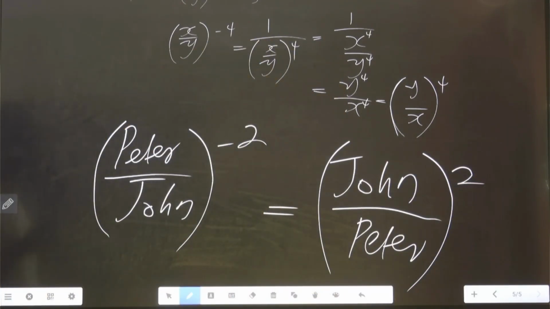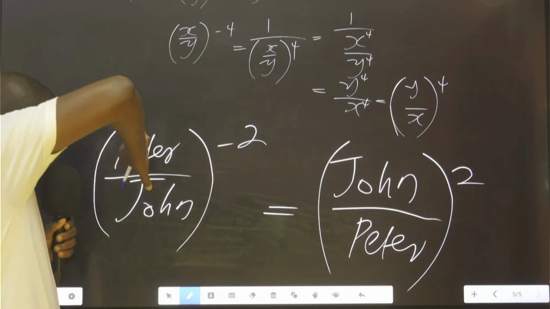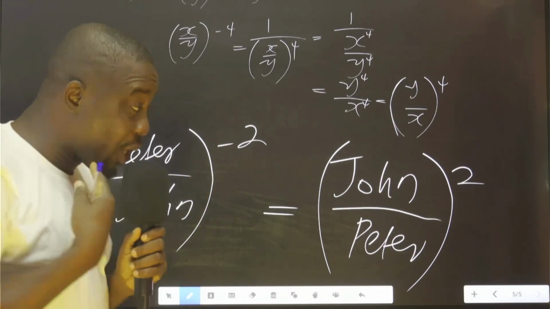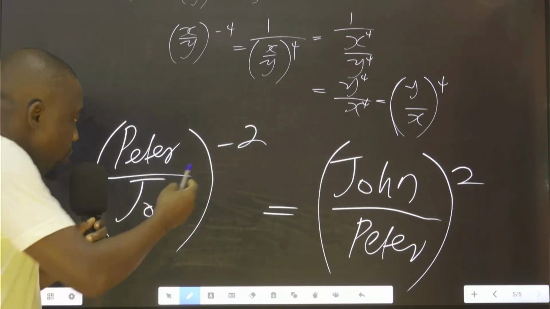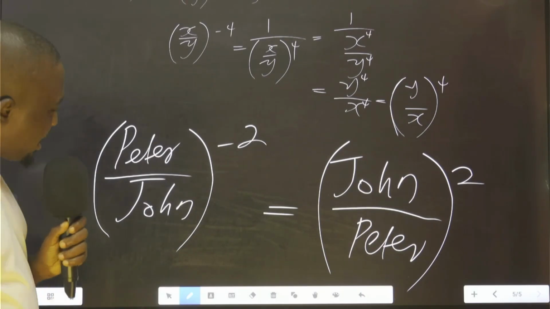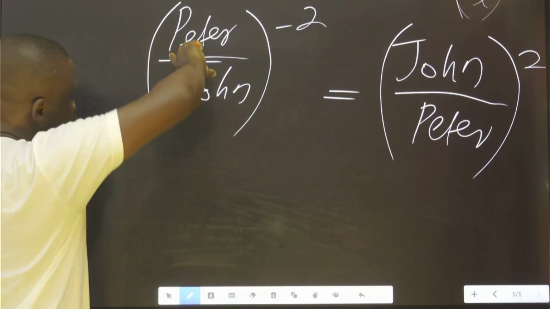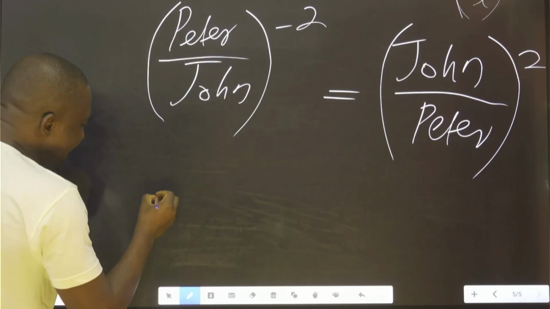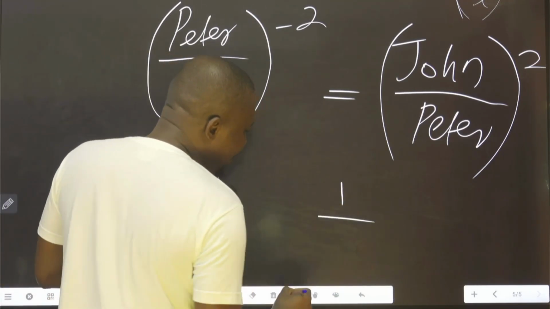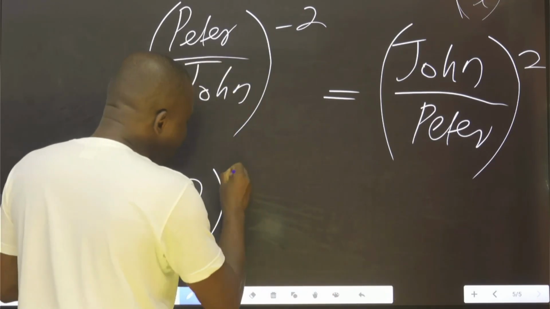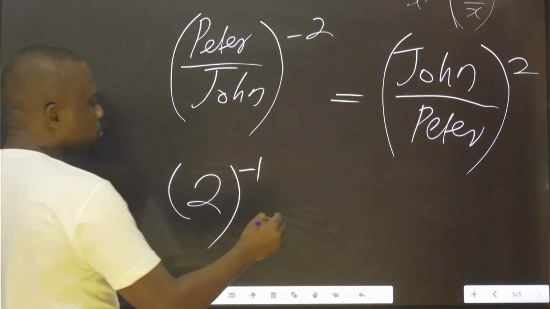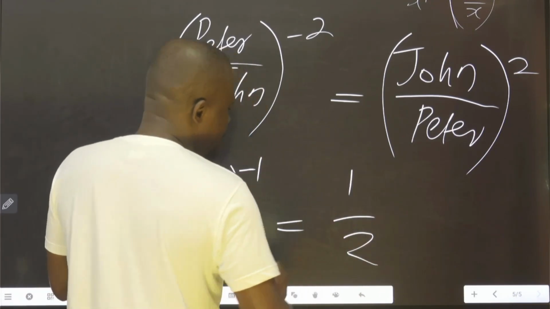What am I doing? This minus is helping me to reverse this. So another way you can look at this is, this minus means you can reverse whatever is here. That is, you turn it. And remember, to reverse 2, for instance, simply means 1 over 2. So if you see -1 here, it simply means reverse 2. That is 1 over 2.